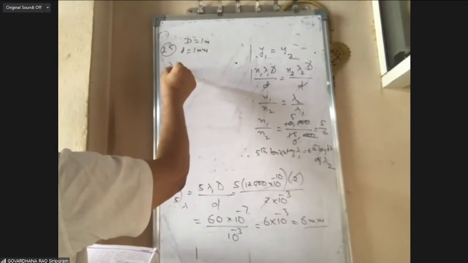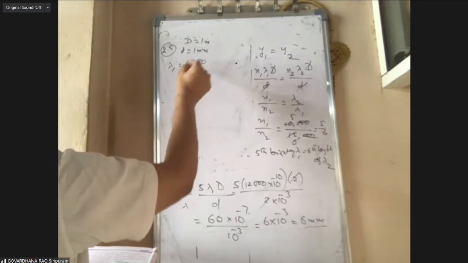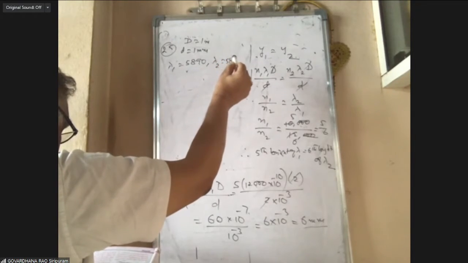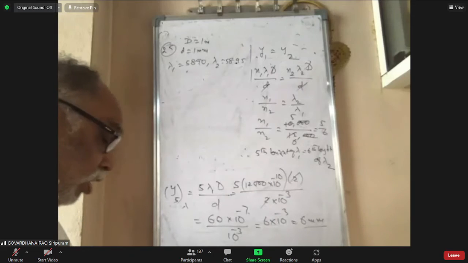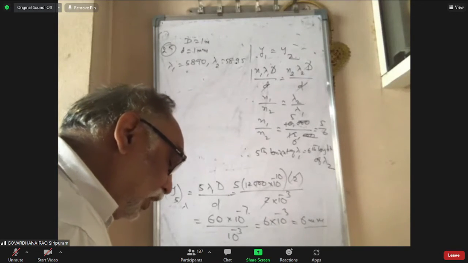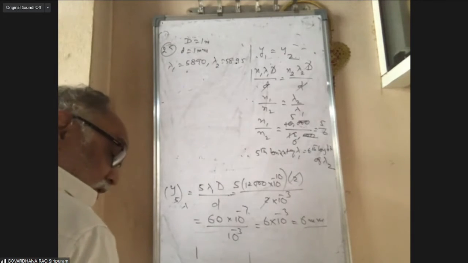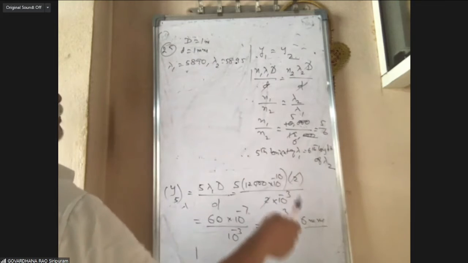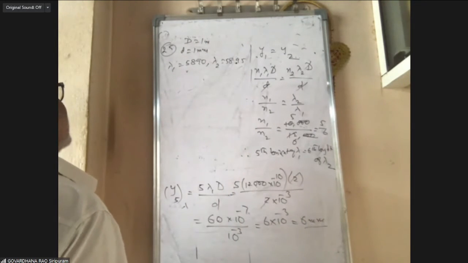Lambda 1 is 5890 and lambda 2 is 5895. Up to what order can be seen means up to what bright fringe you will get. Beyond that you won't get it, right?